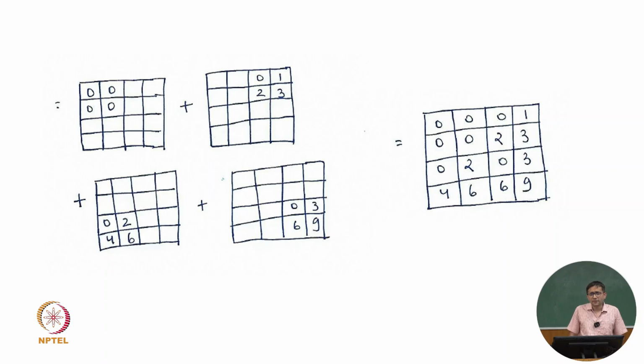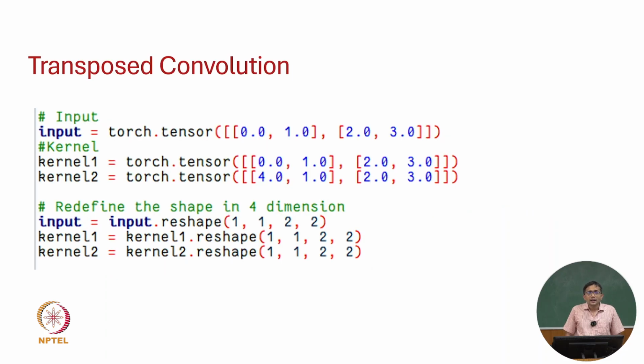So I would suggest that you can experiment a bit yourself with the transpose convolution to learn more about this. And for this purpose, you can use this particular code snippet, which you can again code yourself in Python.